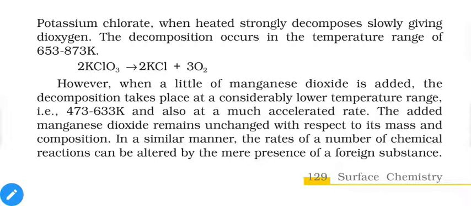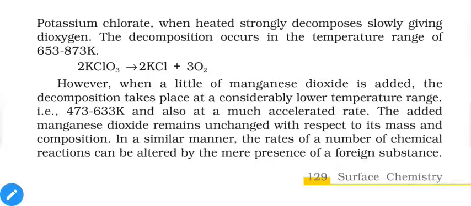Now, however, when a little manganese dioxide is added, the decomposition takes place at a considerably low temperature range, which is 473 to 633. That means without manganese dioxide, the least temperature requirement was 653, and with manganese dioxide, the maximum requirement of temperature is 633.